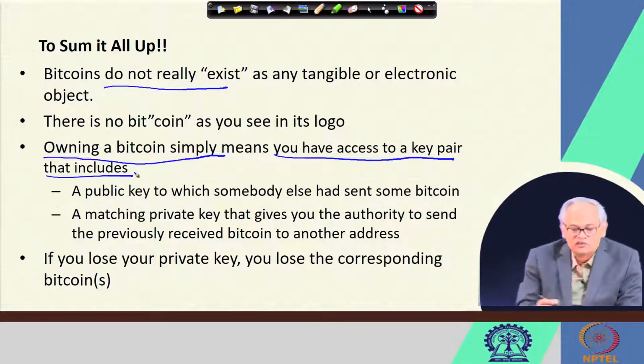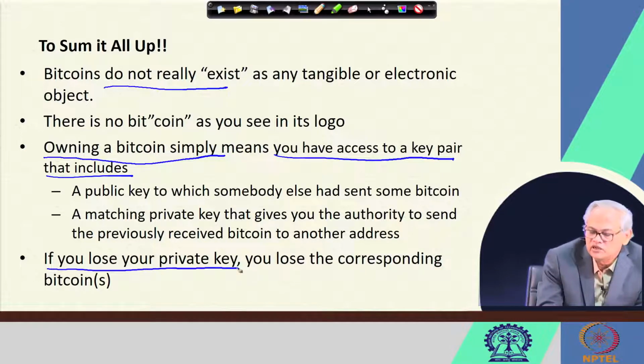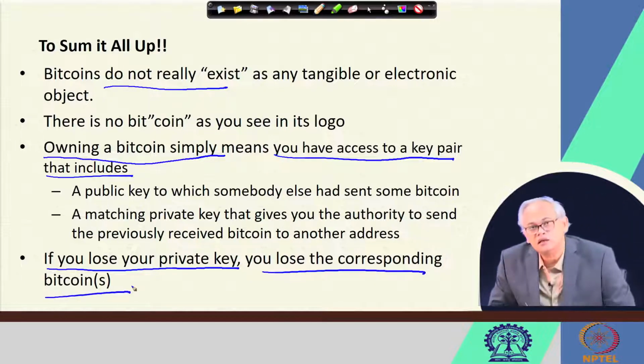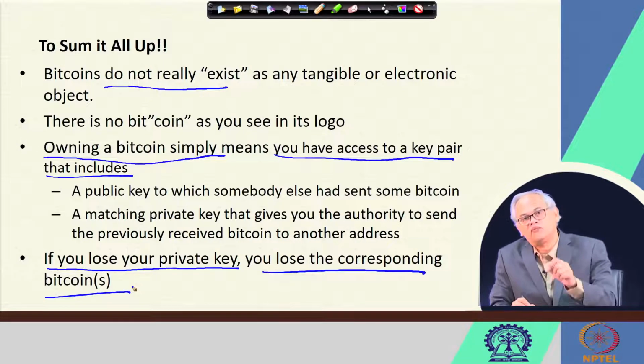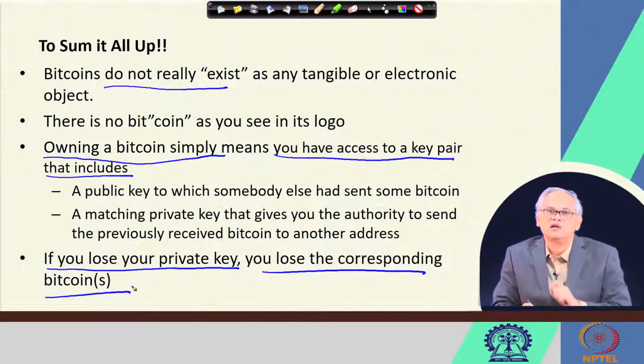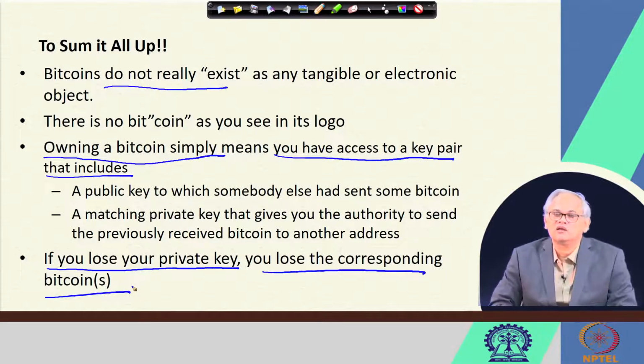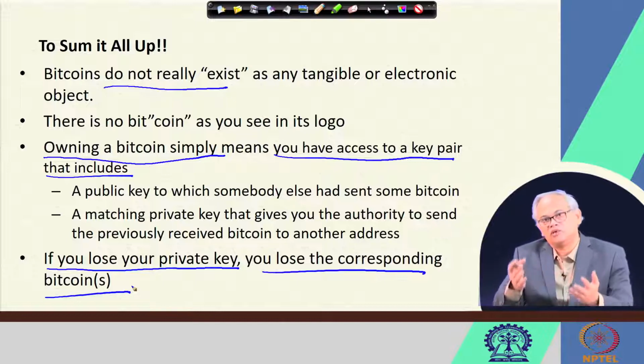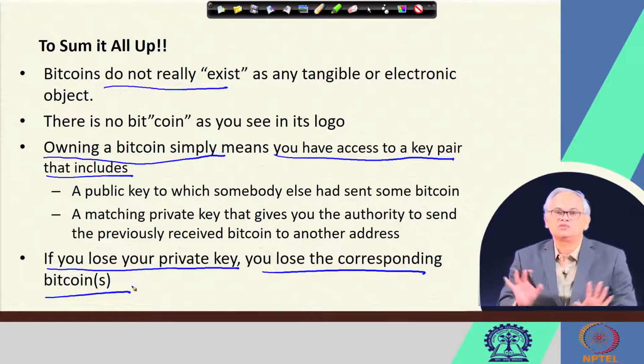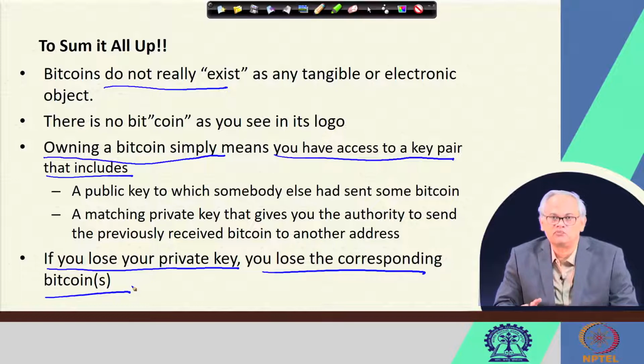And the last point is important: if you lose your private key, then you lose the corresponding bitcoins. Mind it that in the Bitcoin network there are a lot of bitcoins which have been lost because people lost their private keys or they passed away without sharing their private keys before their death and so on. So, those are completely lost, they are out of circulation, you cannot retrieve those.